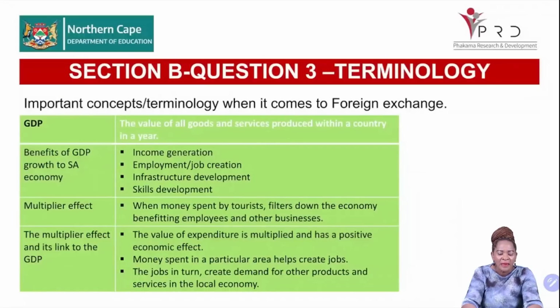And then the important terminology, grade 12 learners, that is important again for question 3. Let us look at GDP, which is the value of all goods and services produced within a country in a year. The reason I've given you the explanations of these concepts or terminology, it is because our learners are finding it difficult to answer question 3 using these concepts.